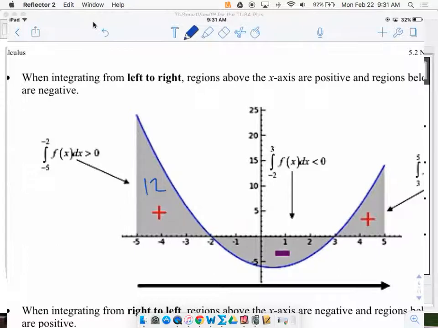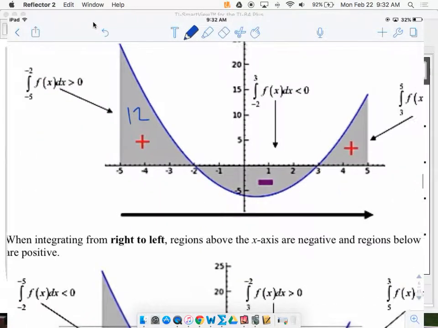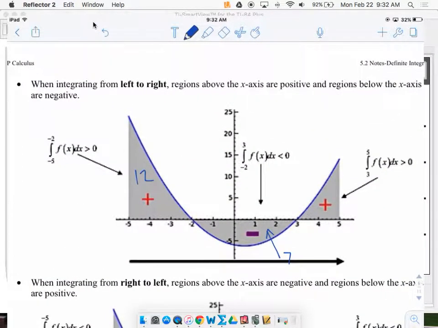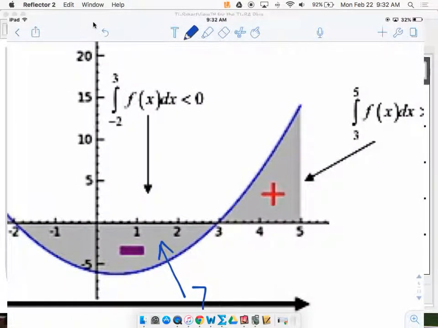And then maybe as I go from -2 to 3, all of that is underneath the x-axis, right? So part of this 12, you're going to be losing as you go from -2 to 3 because it's below the x-axis. So maybe I'll call that 7. And then as I go from 3 to 5, again I'm gaining more. So say 3 to 5 could be 6.